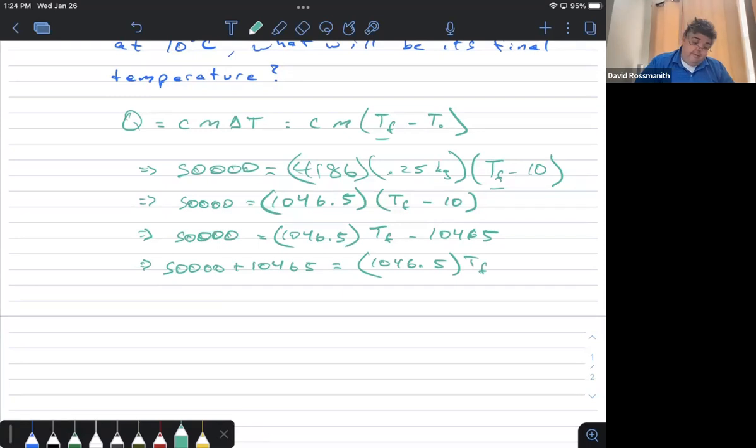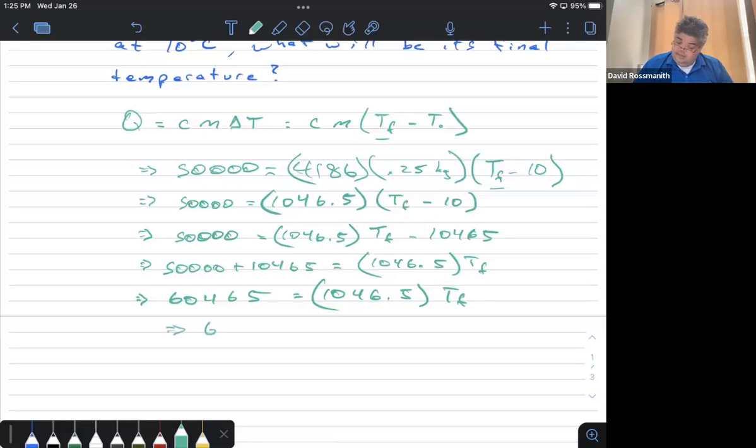Okay, so add 50,000 to 10465. I get 60465 equals this number times TF. And of course, to get TF by itself, divide over the number.